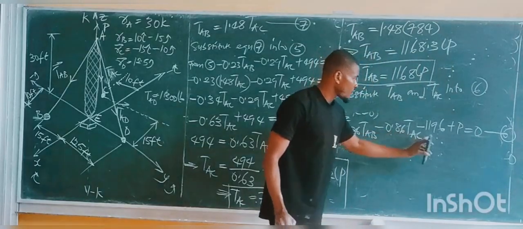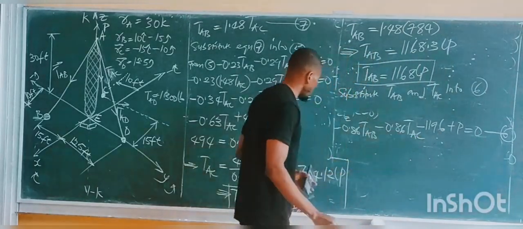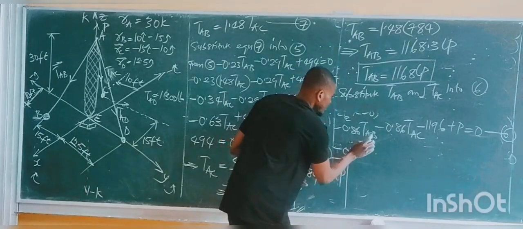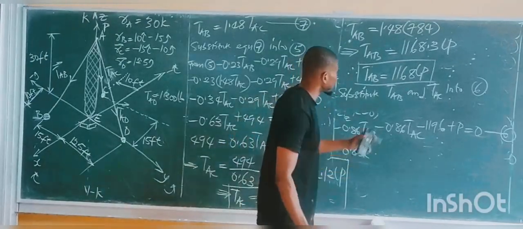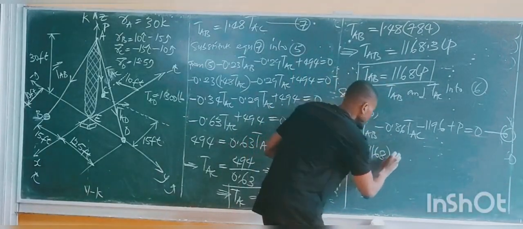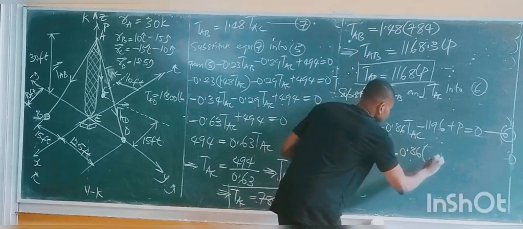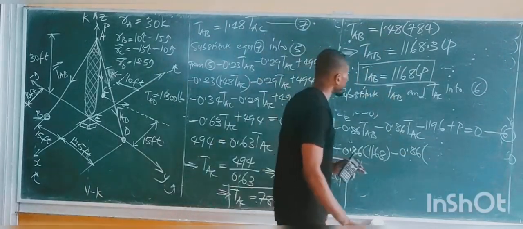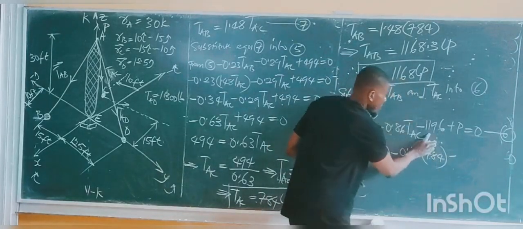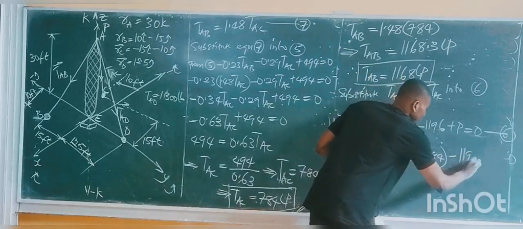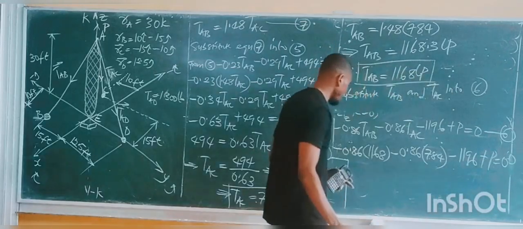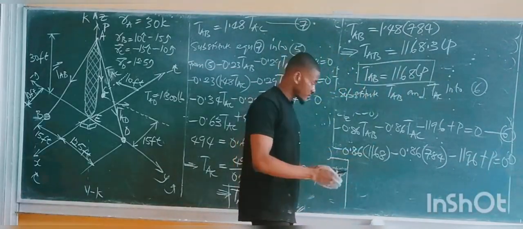From equation 6 we have minus 0.86 times TAB, which gave us 1168, minus 0.86 times TAC, which gave us 784, minus 1196 plus P equals 0.